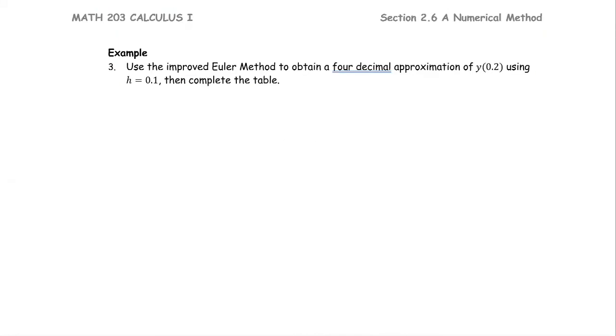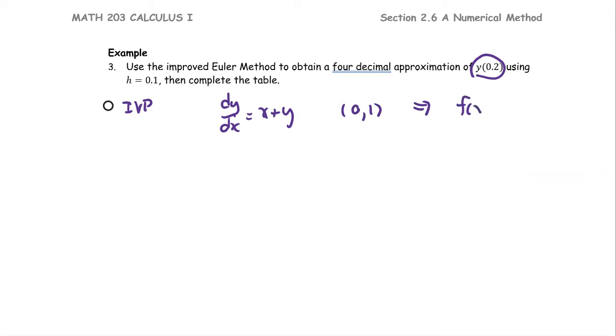We're going to work on an example using the improved Euler method to approximate y at 0.2 using the same initial value problem, dy/dx equals x plus y, and the initial point is (0, 1). So make a list. f(x, y) is x plus y, x0 is 0, y0 is 1.